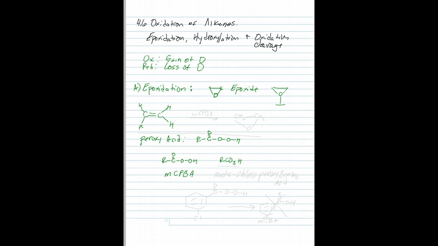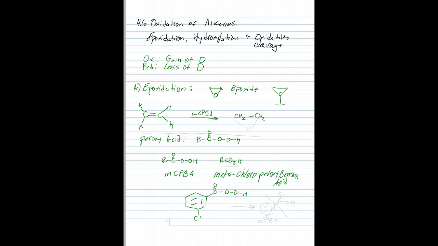It is a lowercase m, capital CPBA, and it stands for metachloroperoxybenzoic acid. You do not need to know the structure. You just need to know the word MCPBA, or just know that it's basically some sort of highly oxidized carboxylic acid. And that's it. So you take your double bond, add MCPBA, and you form your epoxide.